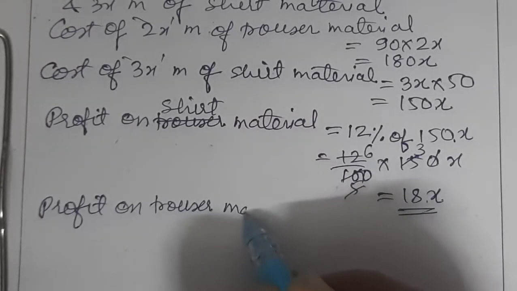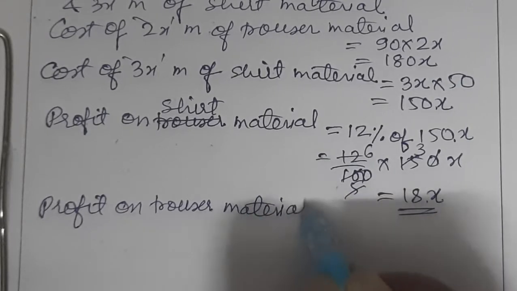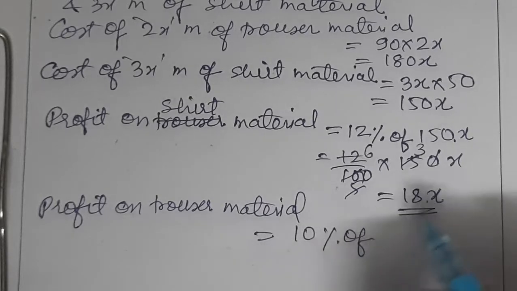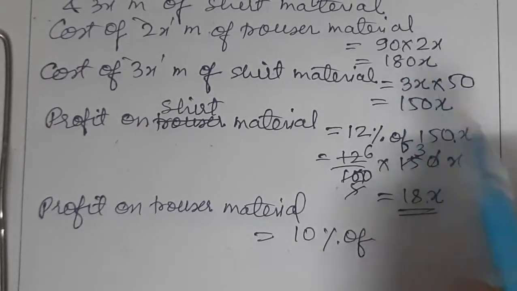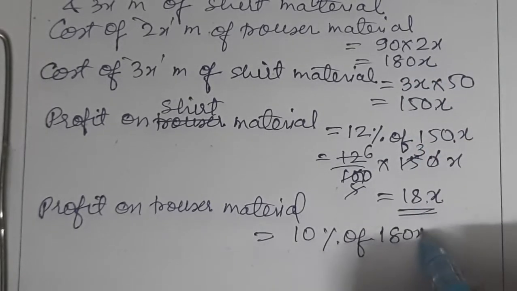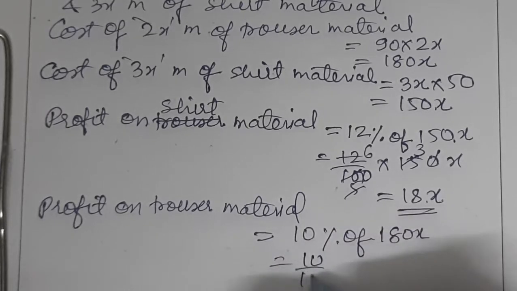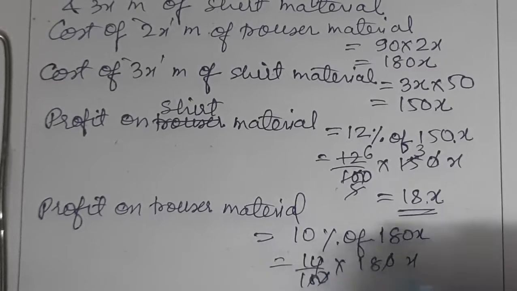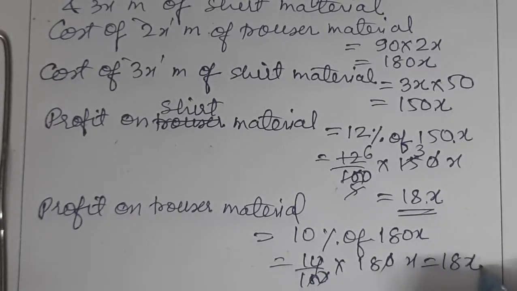Now profit on trouser material equals 10% of, what is the cost? 180x. So 10% of 180x means 10 by 100 into 180x. Cut 0 0 0 0. So what is left? Again 18x we got.